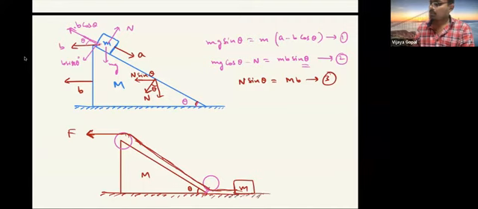Situation you understood, right? There are 2 pulleys here. There's a thread from here to here like this. So this is small m, this is capital M. You need to find the acceleration of both, the block and the wedge.